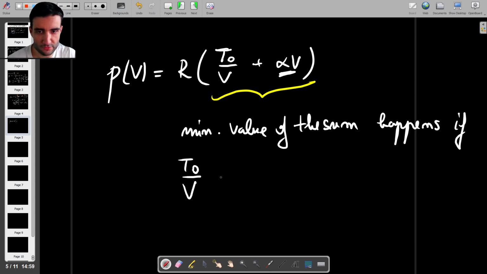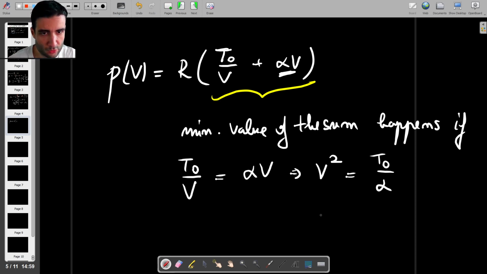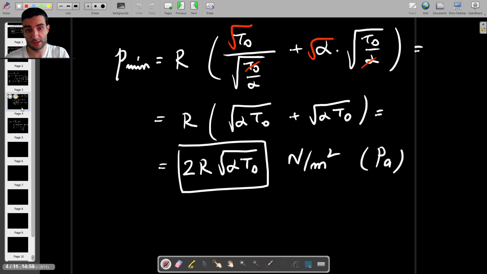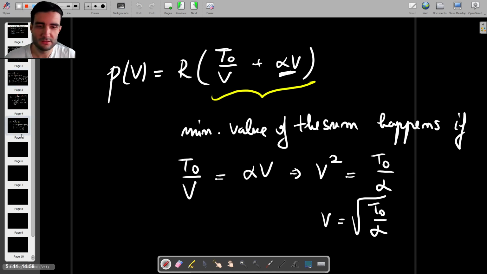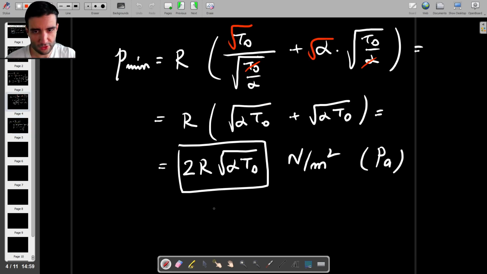So you have T0 over V equal to alpha times V, and indeed if you rearrange for V squared, you end up with V squared equal to T0 over alpha, or V is the square root of T0 over alpha, which is exactly the same thing as before. So whether you do it with calculus or, if you want to avoid calculus for some reason, this way, you should end up with the same thing. And that's the value of the minimum pressure, and that's the end of the question.